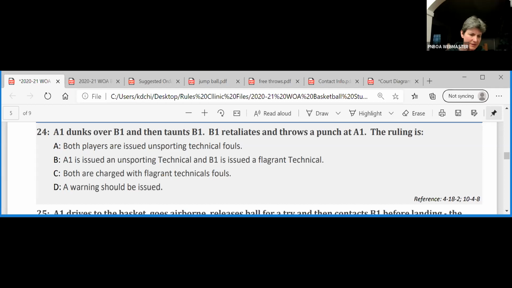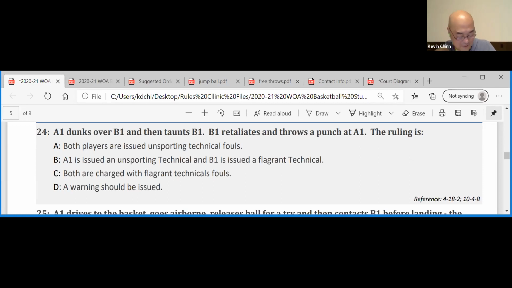I basically said B because B1 is issued the flagrant for throwing the punch. And nothing happens. Well, it just differentiates the two technicals. Okay, so A1, I'm dunking the ball. So I dunk over you, and then when I come down, I taunt you in your face.